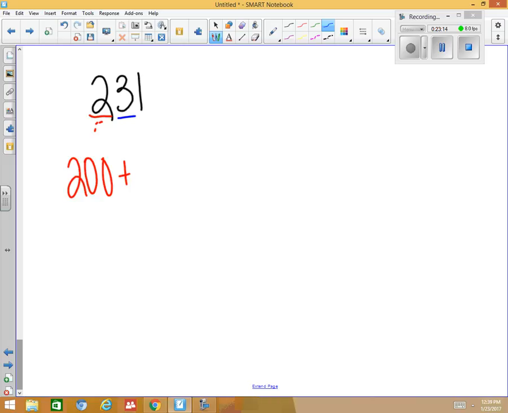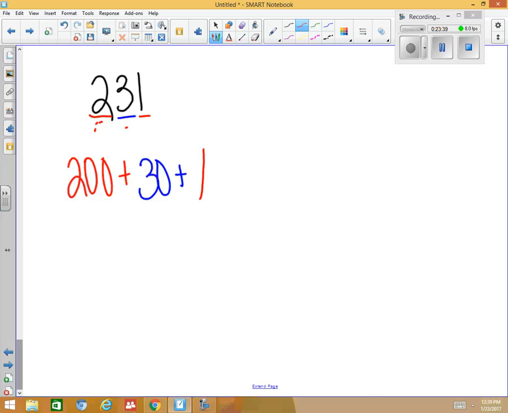Just a 30. Yeah, it's worth 30. And what is this number worth? Just 1, right? So it broke each one of these apart according to their place value. So if I put these together, would I get this? Yes, that's your goal. You want to take it and break them apart.